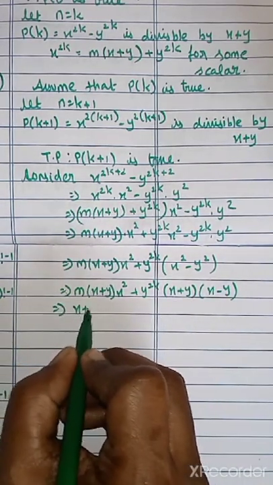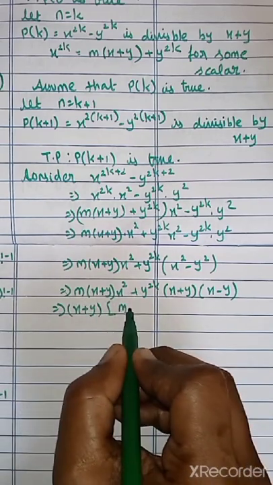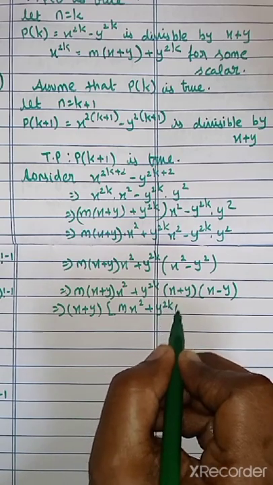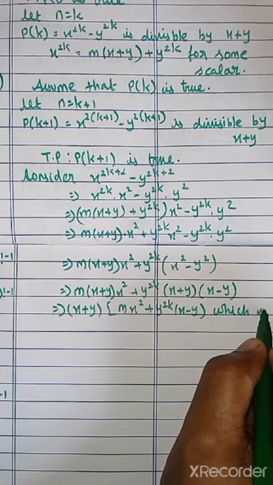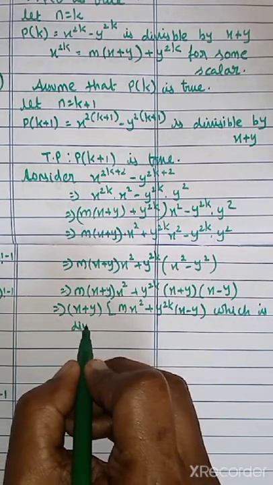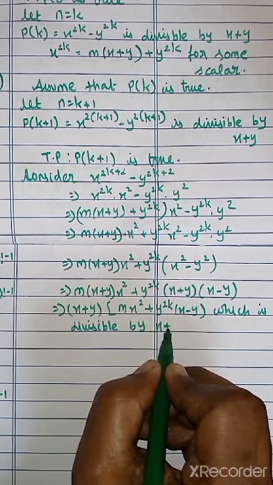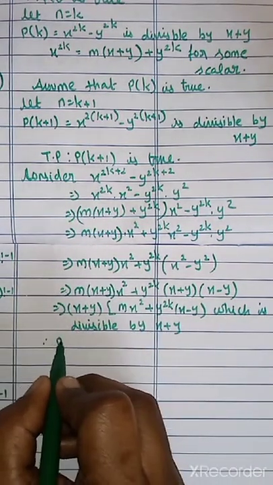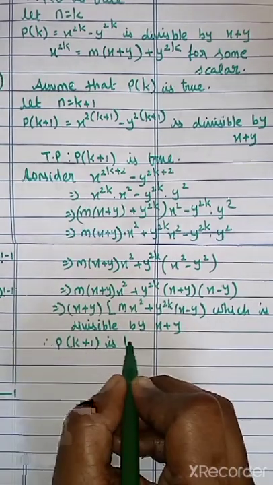So we can take that x plus y as common. Remaining will be m x square plus y power 2k into x minus y, which is divisible by x plus y. Therefore, P of k plus 1 is true.